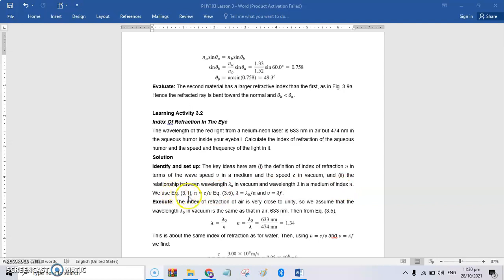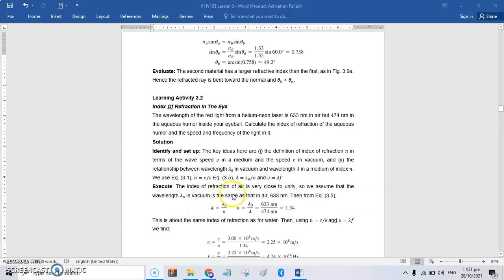We use equation 3.1, which is index of refraction equals the speed c in vacuum over the speed in the medium, and equation 3.5, wavelength in a medium equals wavelength in vacuum over index of refraction, and speed equals wavelength times frequency.